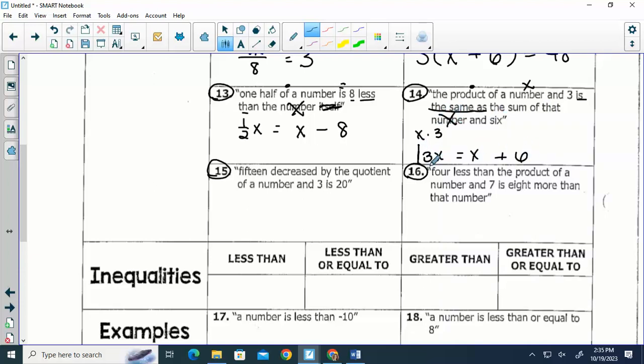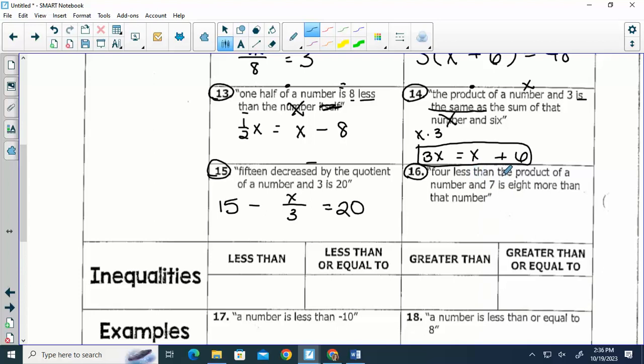So 3x equals x plus 6. Another one. Alright, 15. Decreased by means minus. The quotient, what does quotient tell me? Division. Divided by. You can use the division symbol or a fraction, either way. The quotient of a number and 3, so x divided by 3. Equals, is 20.